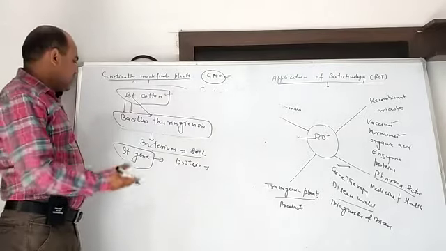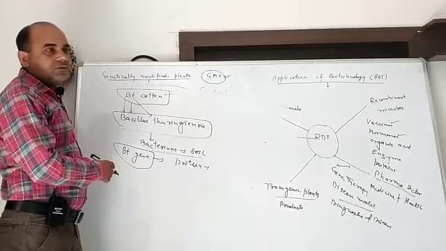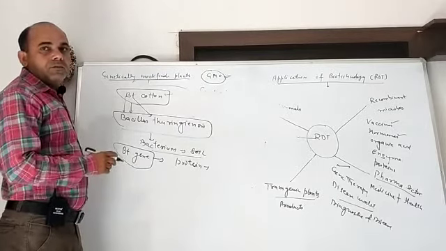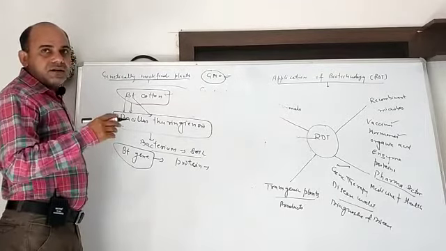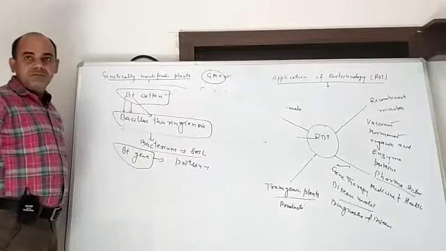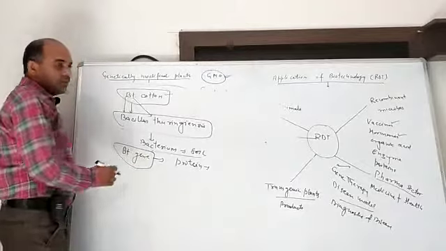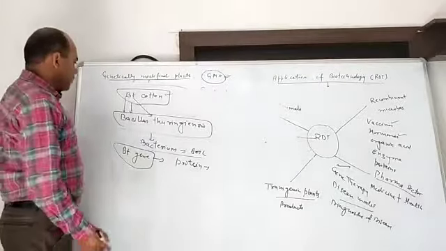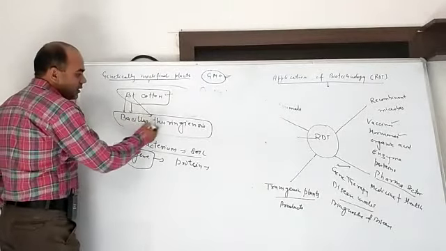So that's why this Bt cotton also works as a biopesticide, bioinsecticide, because of the power of the gene called the Bt gene. This Bt gene is extracted from a bacterium. The name of the bacterium is Bacillus thuringiensis.